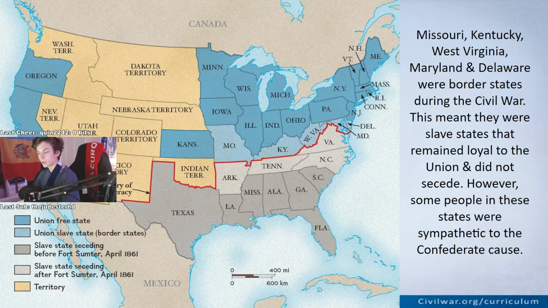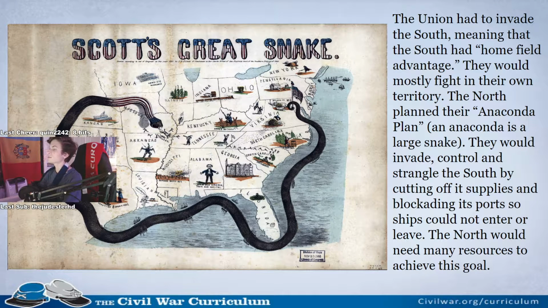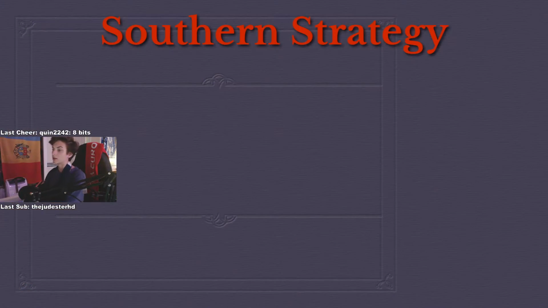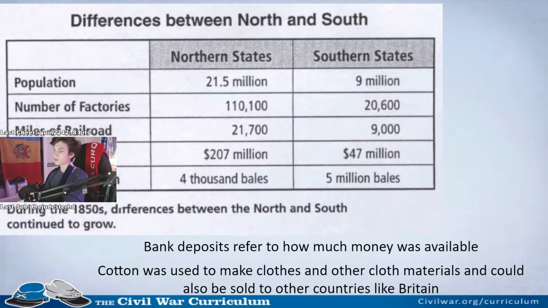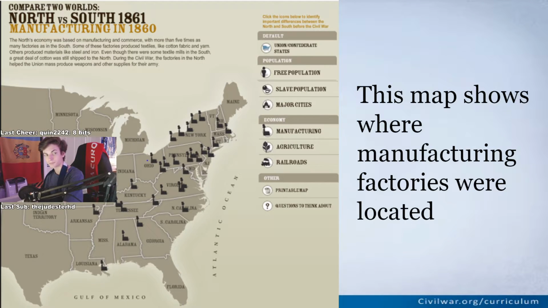And the rest are states that seceded either before or after Fort Sumter in April of 1861. So this goes over some of the advantages. It shows how the North were having to invade the South, and all the slavery. It shows the population differences between the two. Shows the resources. Pause on all these if you want.